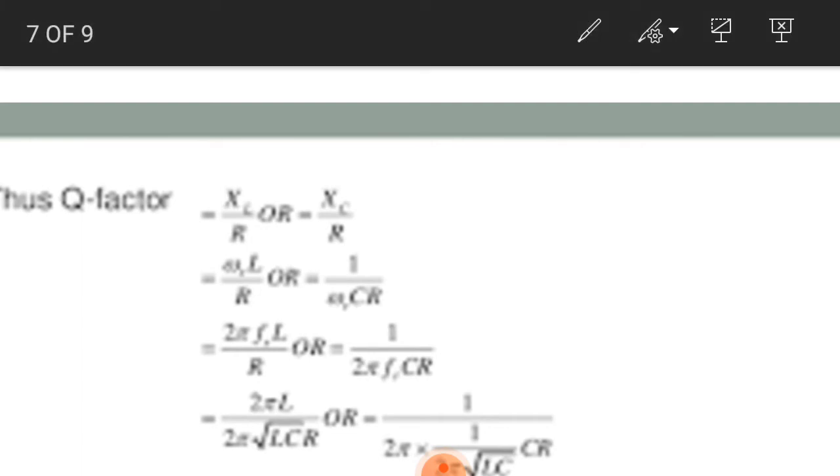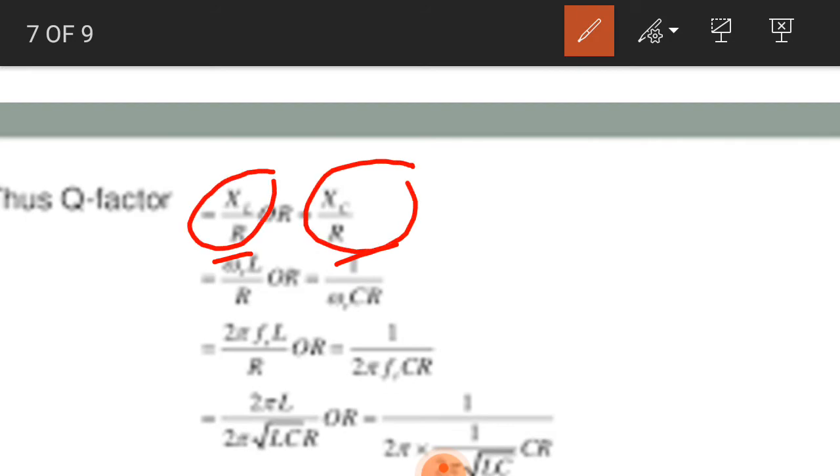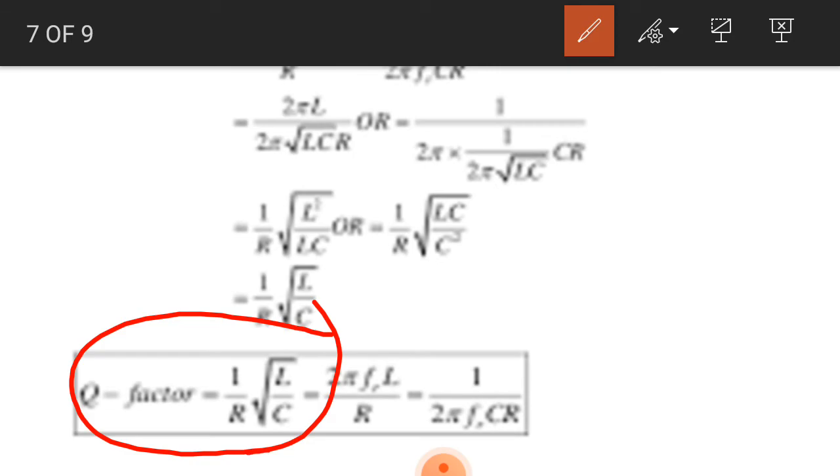We can also write it in another way, that is voltage drop across the inductor or voltage drop across the capacitor by voltage drop across the resistor, that is XL by R or XC by R. You know the value of XL is omega L, XC is equal to 1 by omega C. If you put the value of omega, omega is 1 by root LC, you will get the value of Q equal to 1 by R root of L over C, or 1 by 2 pi nu CR.